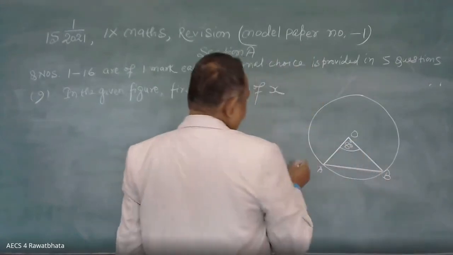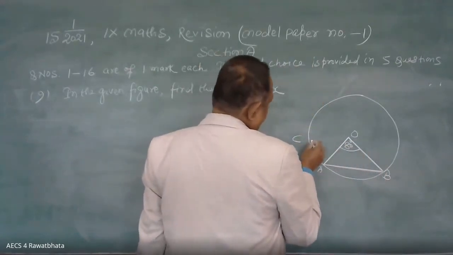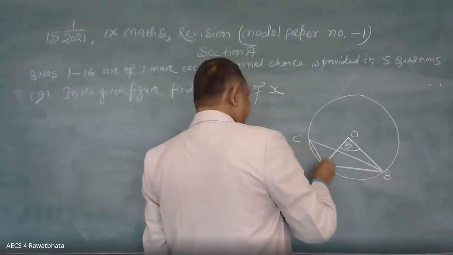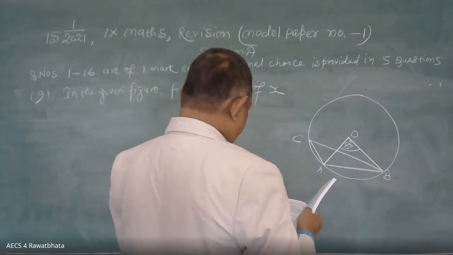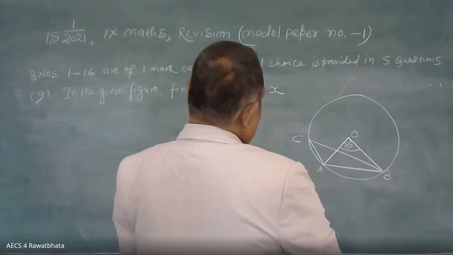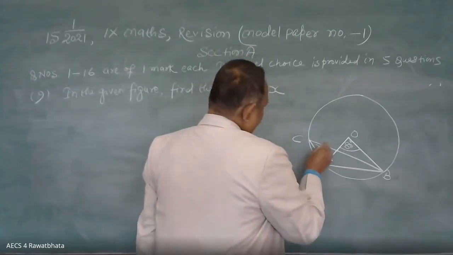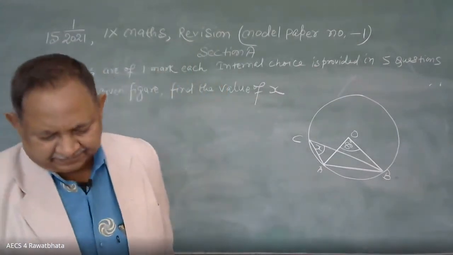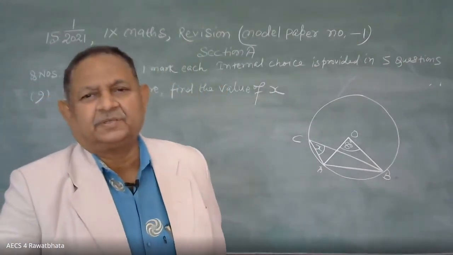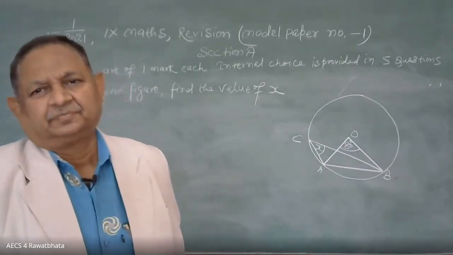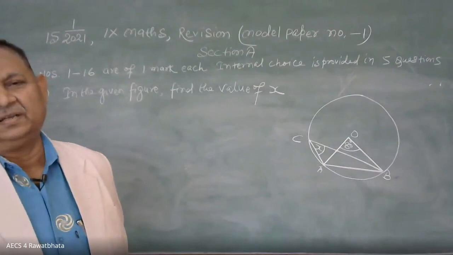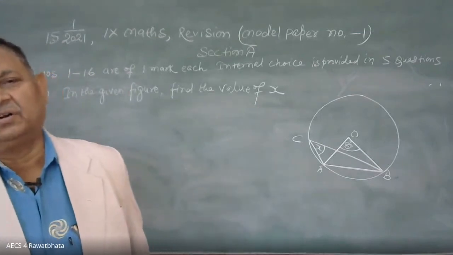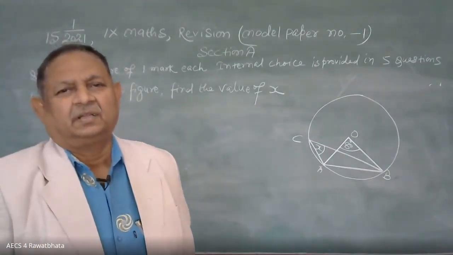C is a point. Join C to B, C to A, and this is x. O is the center of the circle. Central angle is 80 degree. Find the value of x.